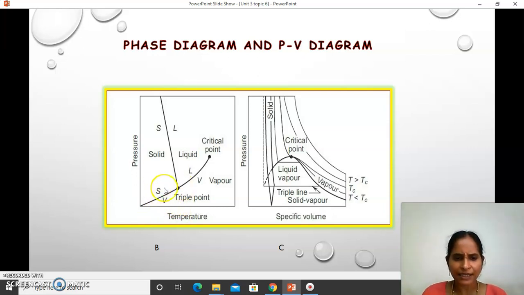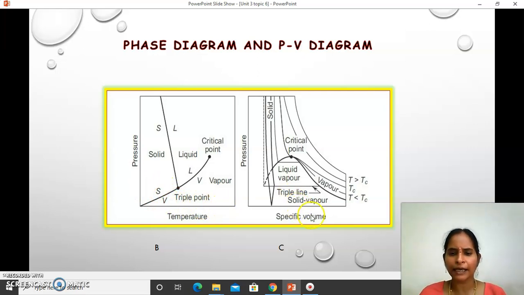Okay, this is the sublimation curve, and this negative slope that was already explained to you is because of the volume reduction during the fusion process. And this is the vaporization curve. The evaporation or vaporization takes place from liquid to vapor or vapor to liquid, that is either vaporization or condensation will take place. Here you will get either melting or freezing. Here sublimation will take place.